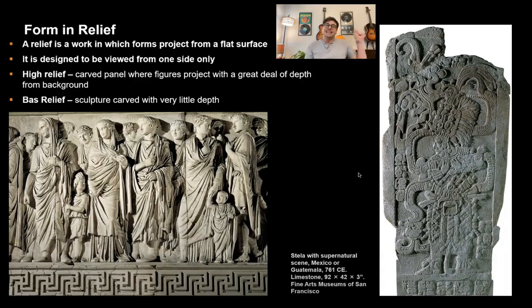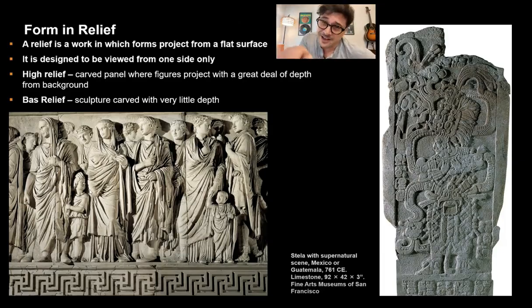A high relief is a carved panel where the figures project with a great deal of depth from the background. Okay? For example, this is a high relief. But a bas relief is sculpted with very little depth, something like here, where the form itself is not that far separated from the background.